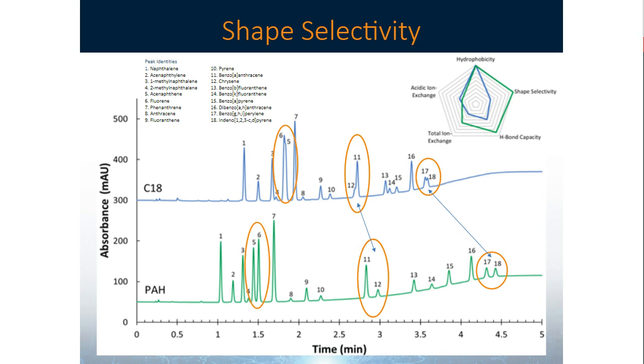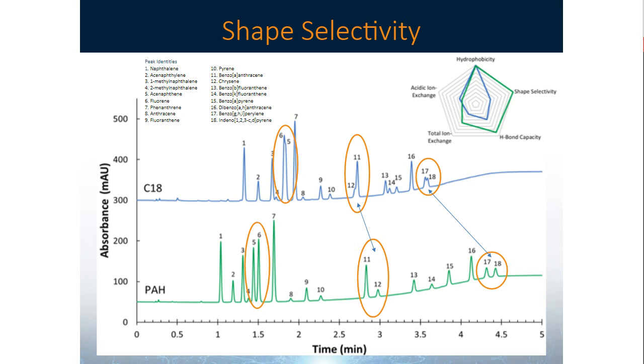So now, if you did want a shape selective phase, we would recommend our Halo PAH, which is specifically designed to analyze polyaromatic hydrocarbon compounds. On the top right corner, you can see the Tanaka plot where the C18 traces in blue and the PAH traces in green.